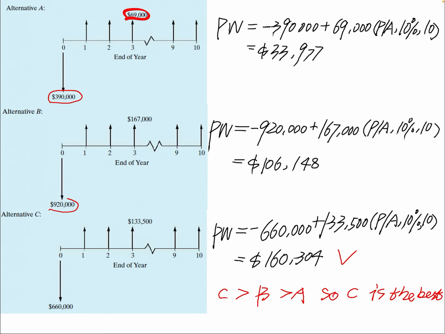In option B, you need to pay more at the beginning to buy the system, and of course every year you can save more. That saving is a receiving, okay? And option C is a price in the middle of option A and option B, and the savings or the profit you gain is also in the middle of the first and second options.